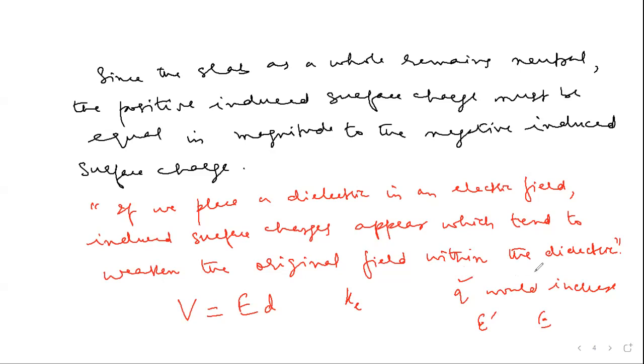The increased electric field from this additional charge on the capacitor would be opposed by the electric field E prime in the dielectric, and the result would be a constant electric field E, right? So this is how we explain the behavior of the dielectric between the plates of a charged capacitor in atomic terms.